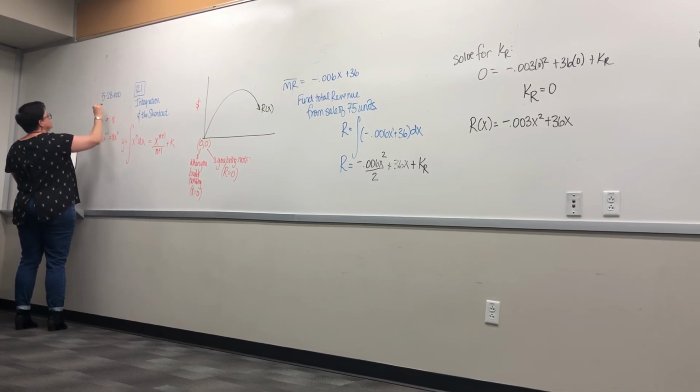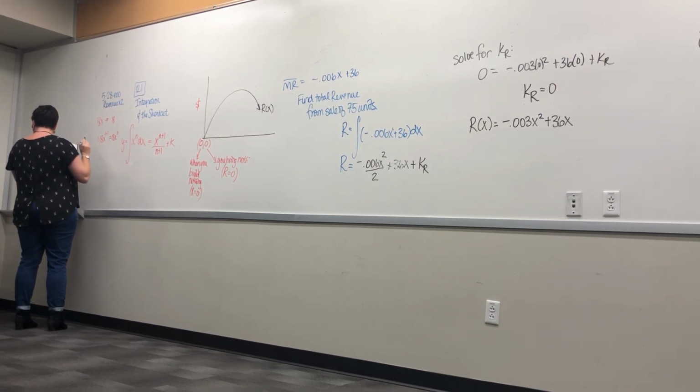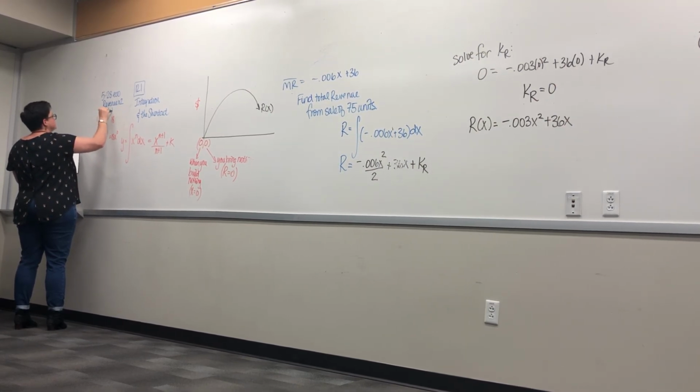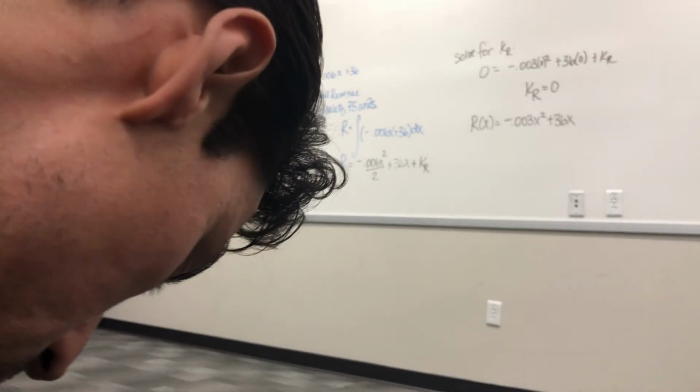Revenue times 2. So there are 2 odd revenue functions, please do them both. And pollution. I did your average cost.